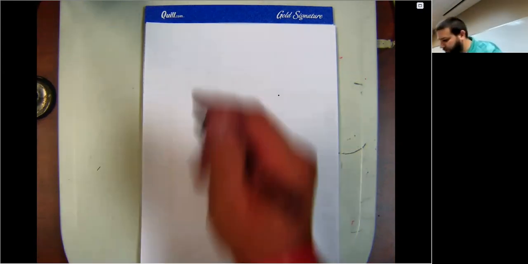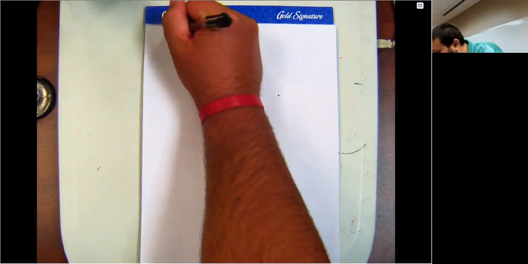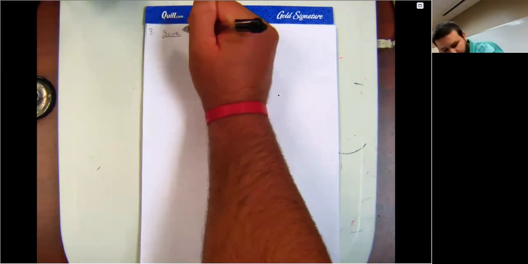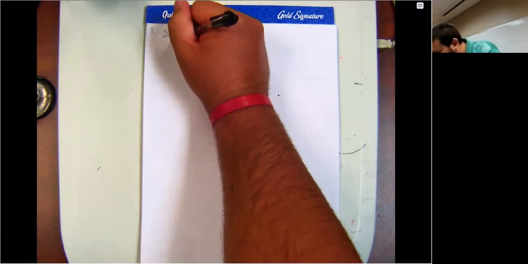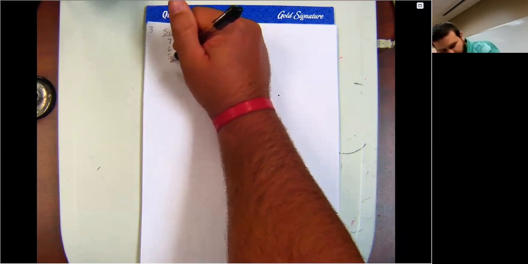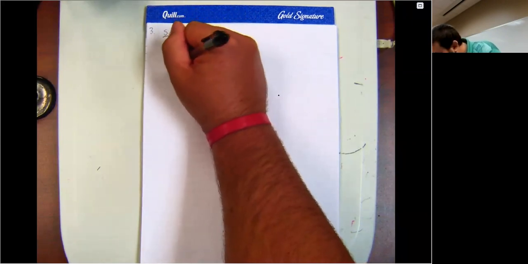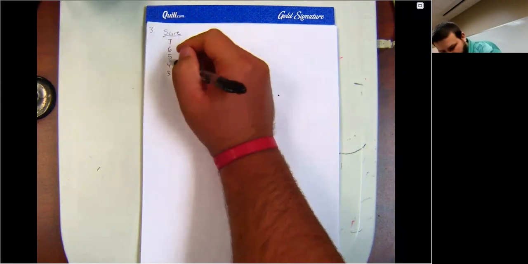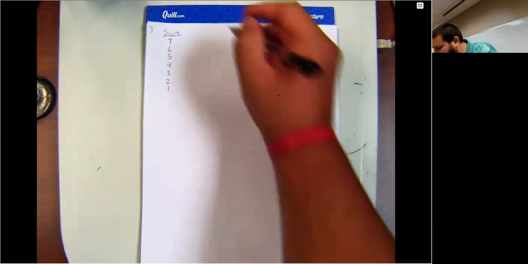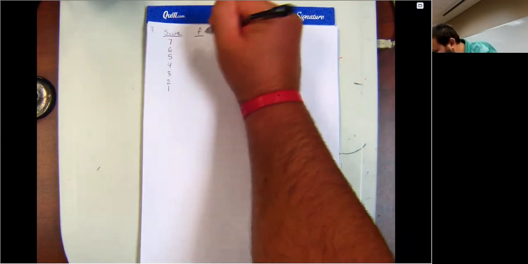Okay, and so the data that they present to us in 3 is the score that they got. And this is on a 1 to 7 scale, so 7, 6, 5, just highest to lowest, 4, 3, 2, and 1. That's the possible range of scores, and then the frequency they're going to give us as well.